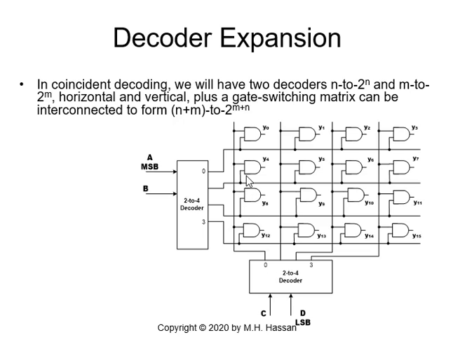If you look at the input for this, it is 1 with 0, which corresponds to Y4. Okay, and so on and so forth. So we'll have one active at a time, and by using coincident decoding, let's take another example. We have 1, 1, and 3 will be active.